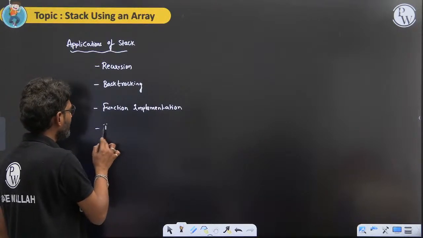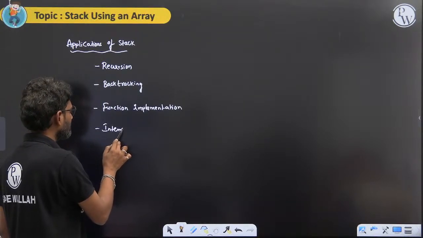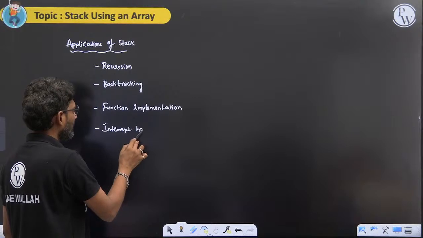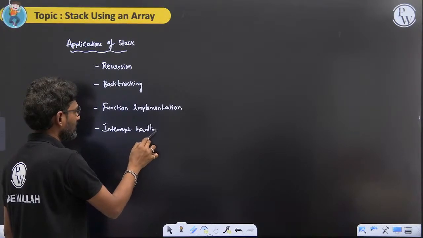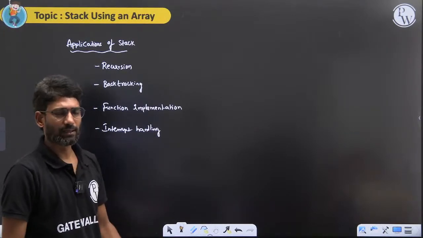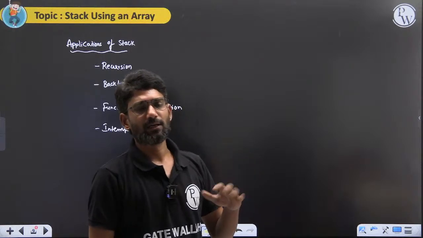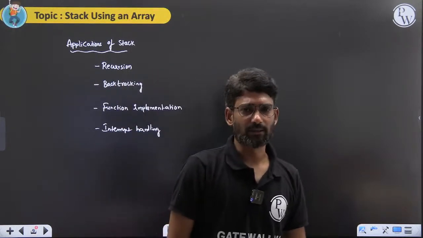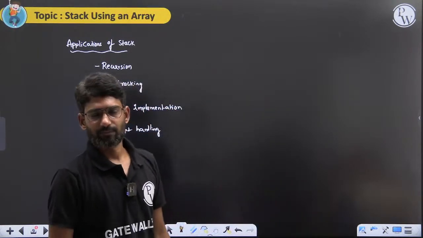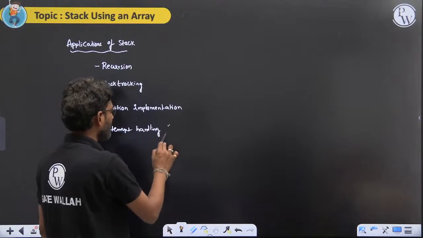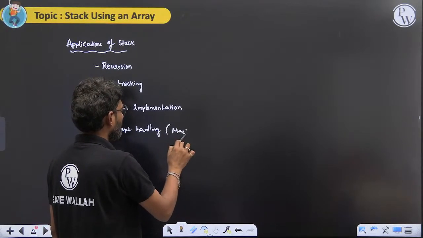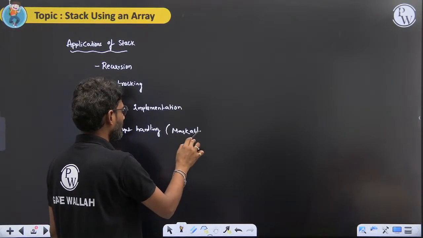Stack is used in interrupt handling. Interrupts can be processed in last in first out manner if all the interrupts are maskable interrupts. Maskable interrupts can be processed in the last in first out order.